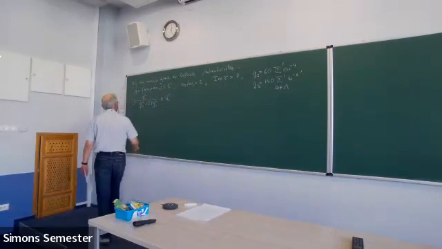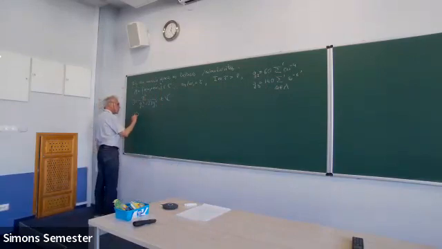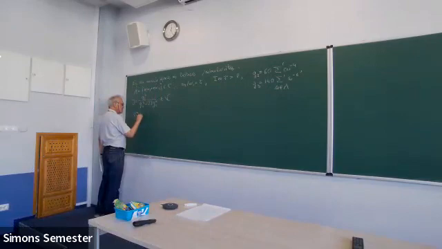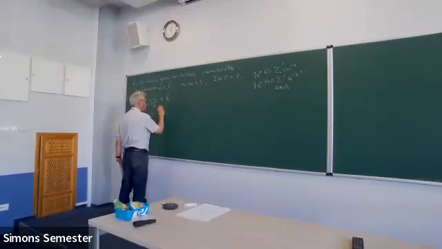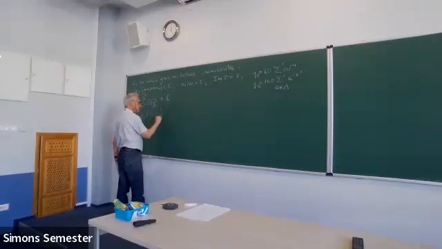Okay, so now there is the Weierstrass P function for a lattice defined like this.